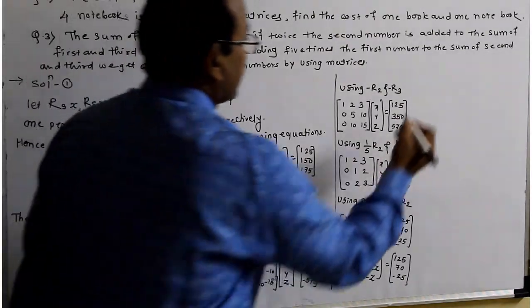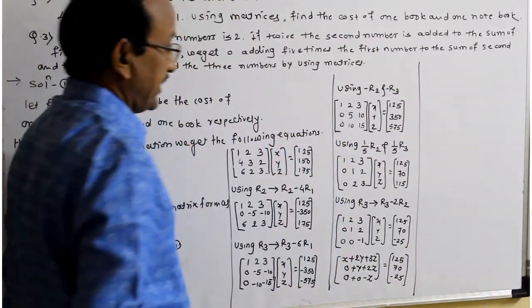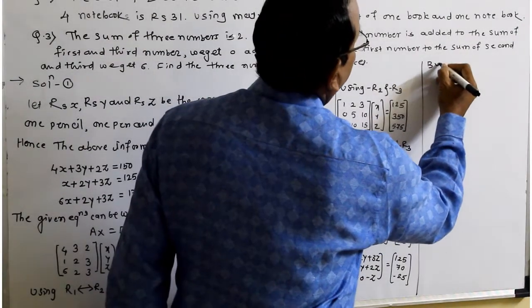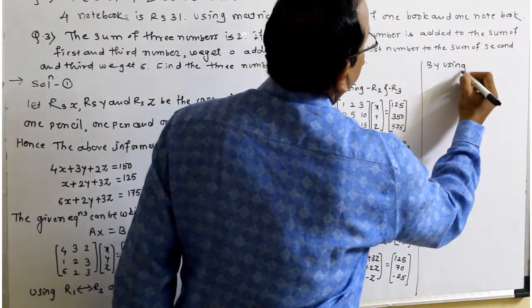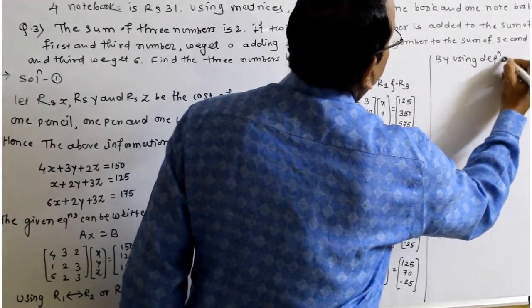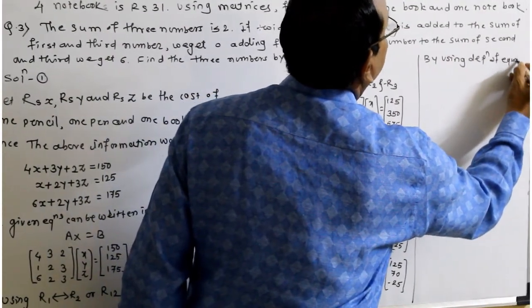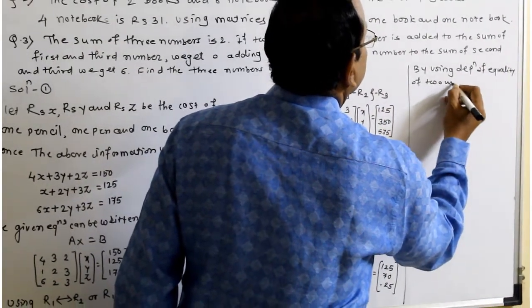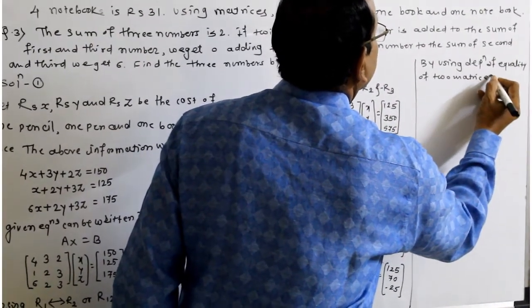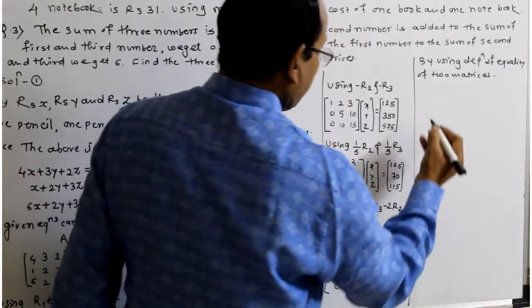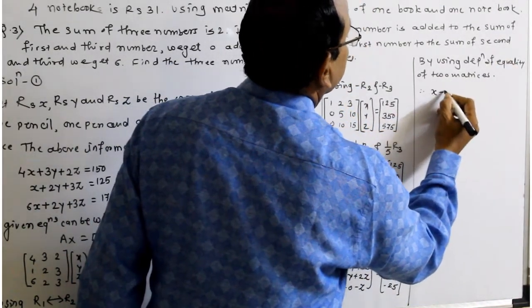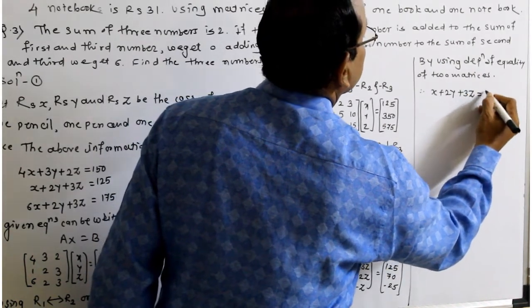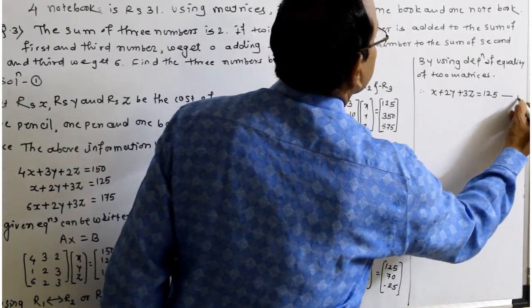Now by the definition of equality of two matrices, the corresponding elements are the same, so x plus 2y plus 3z is 125, number 1 here.